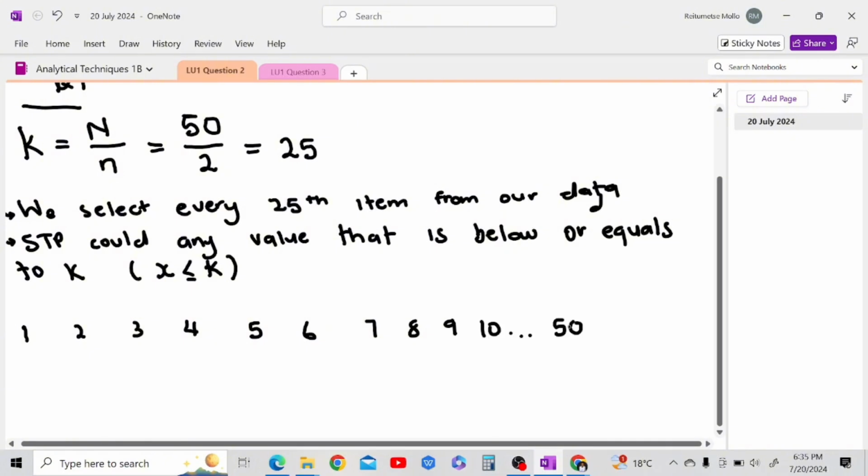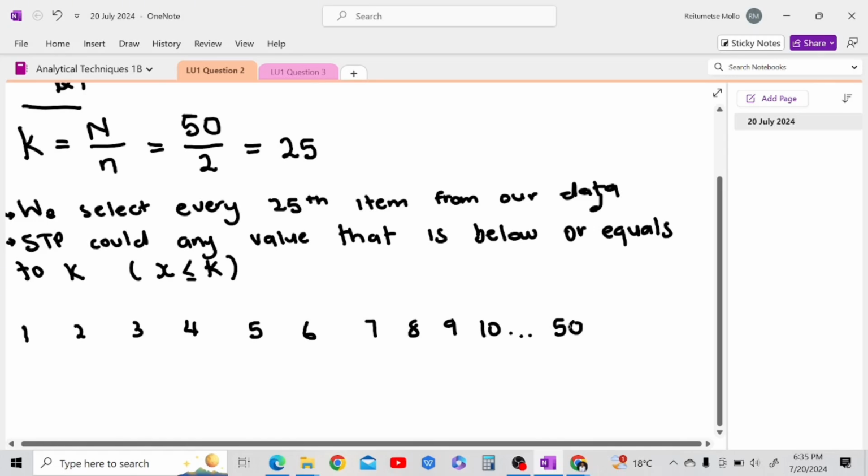So if we are going to start from number 4, our starting point is number 4. We're going to start here. This is the starting point. What is going to be the next value that we're going to select if our k is equal to 25? The next value to be selected is the starting point plus k.